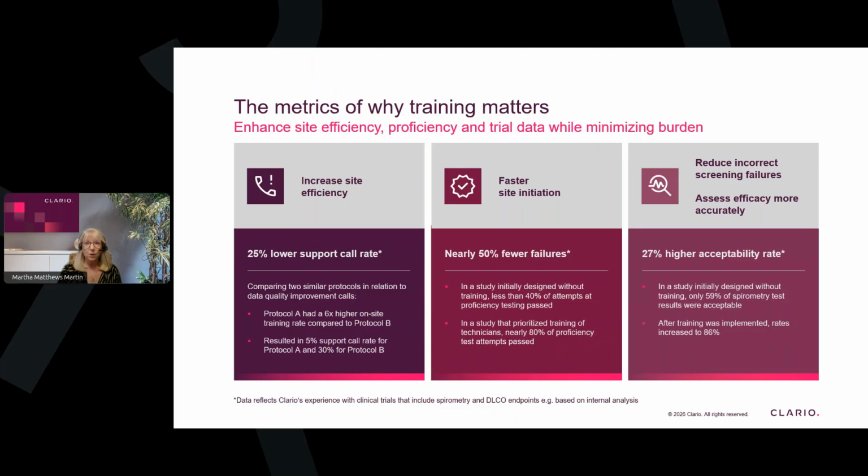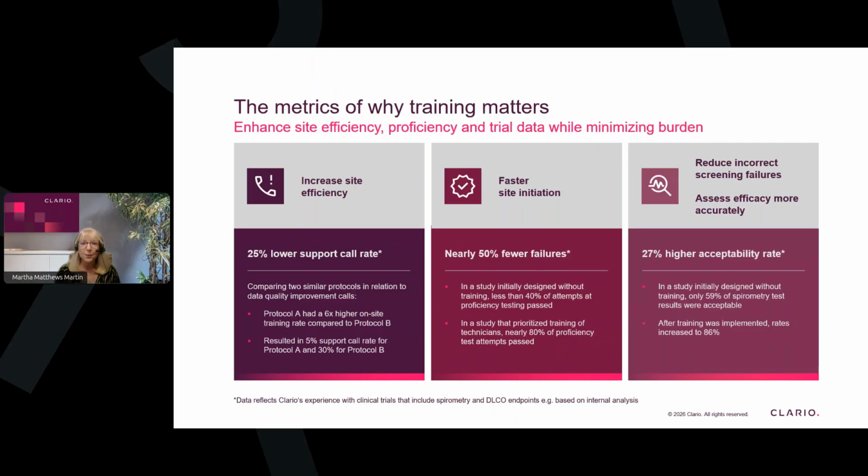In fact, I think we had only about a 5% rate from the very robustly trained staff versus a 30% rate that we would see with the second protocol that did not have as much training. So that's a pretty significant jump in efficiencies and the ability of staff to handle any issues internally and move very quickly through the process.